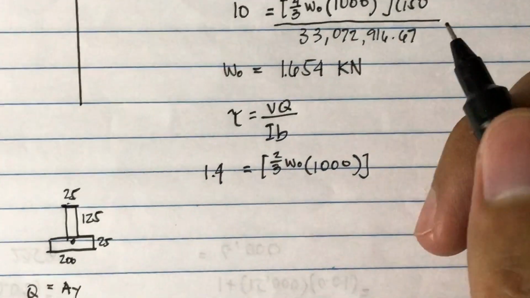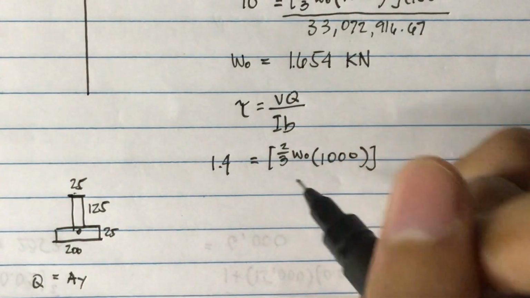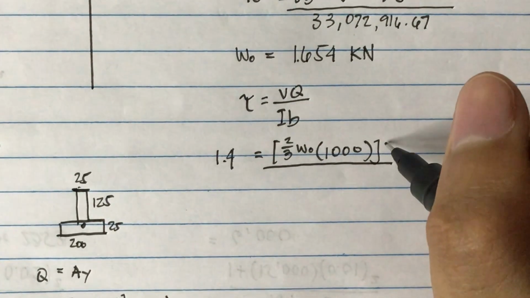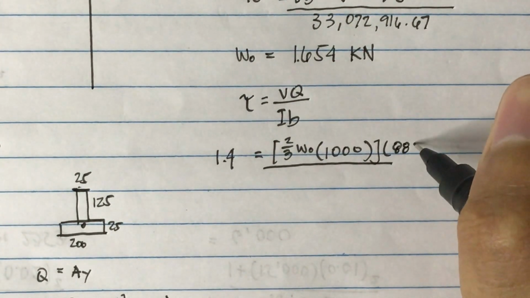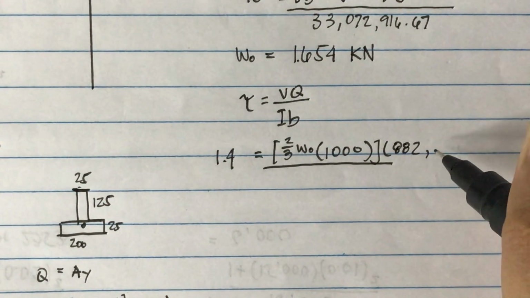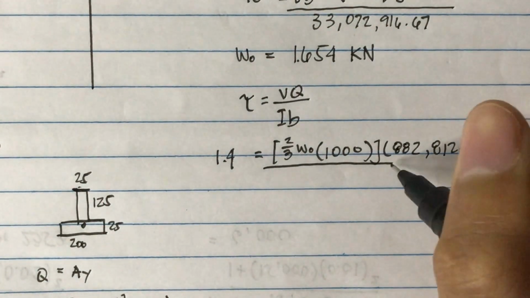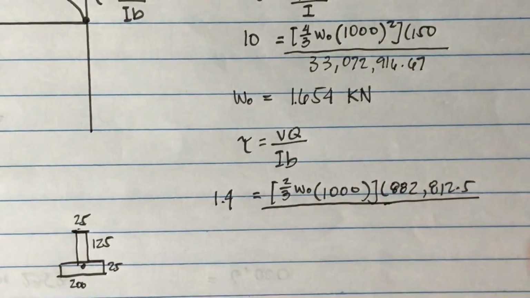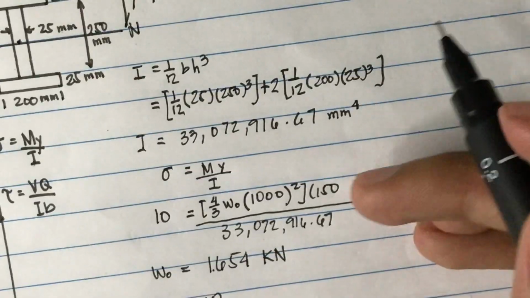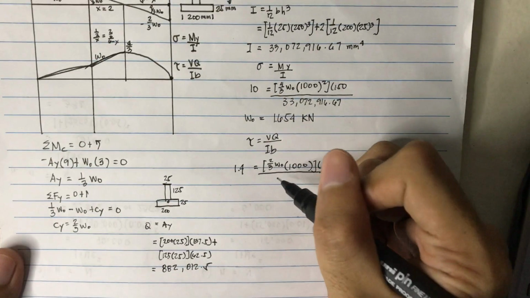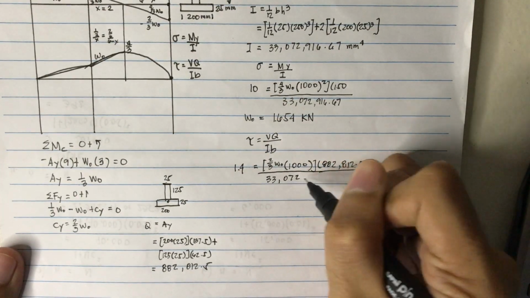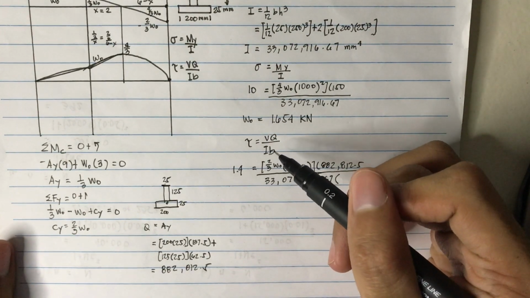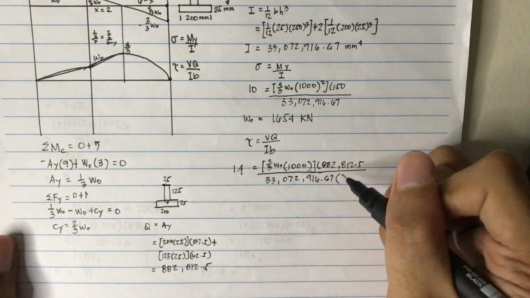So since na natin Q, masolve na nato ang atong shear stress nga load. So natin Q nga 882,812.5 times I, which is katong I nato, I nga 33,072,916.67. Then B is ang width sa ato ang cutting section, which is 25.